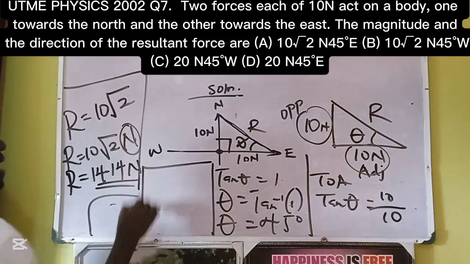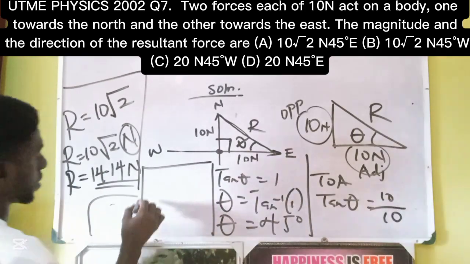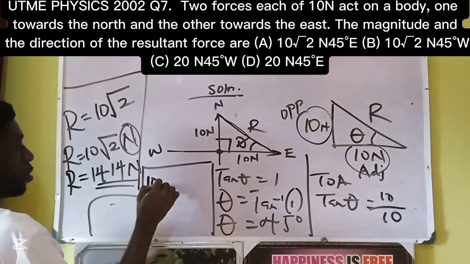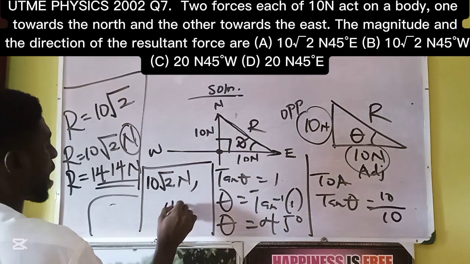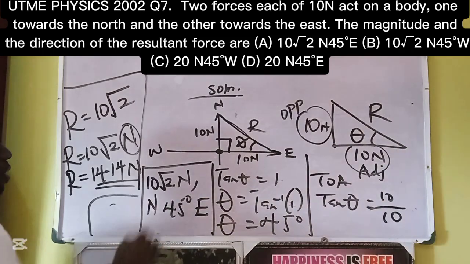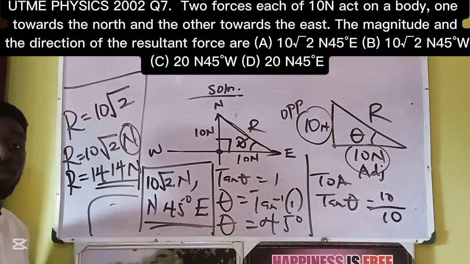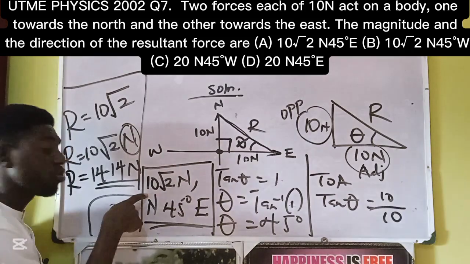Therefore, our final answer becomes the resultant force and its direction: 10 surd 2 Newton, 45 degrees east of north. What does that mean? It means that the force is acting with a magnitude of 10 surd 2.